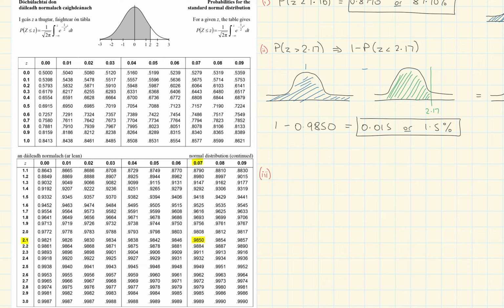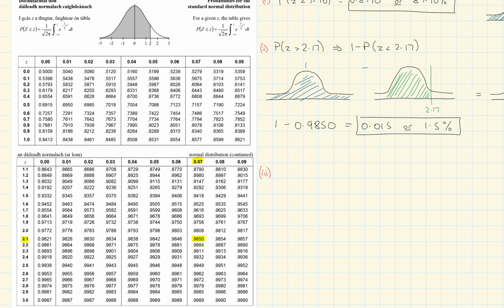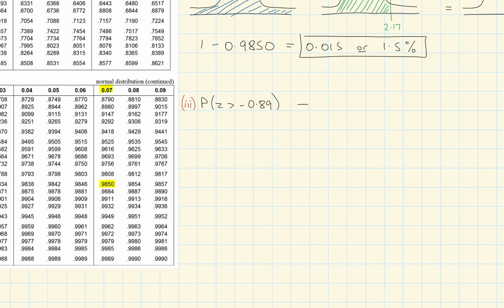Part 3 then had asked us for the probability that z is greater than minus 0.89. We don't deal with negative numbers, so to change our sign we flip the inequality. That gives me the probability that z is less than 0.89. That's fine, I can go straight to my log tables.